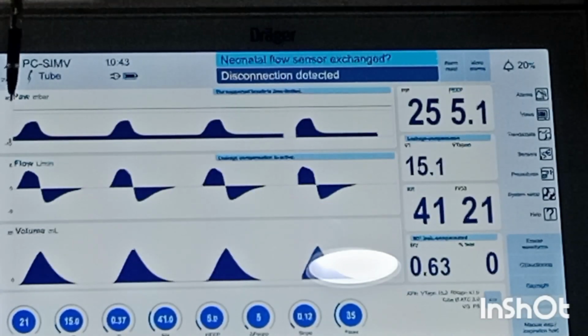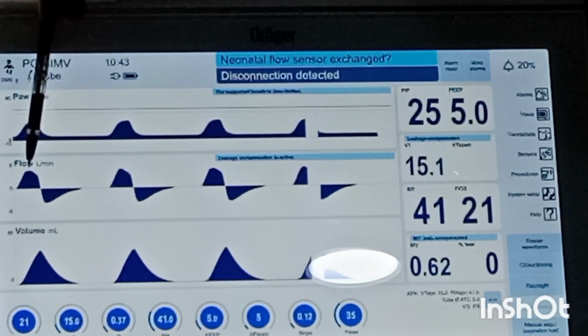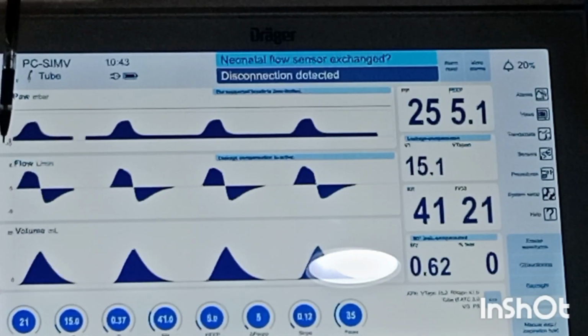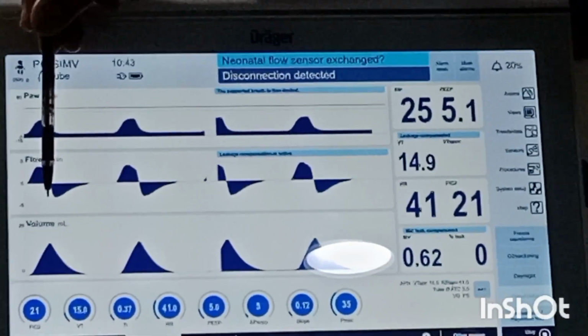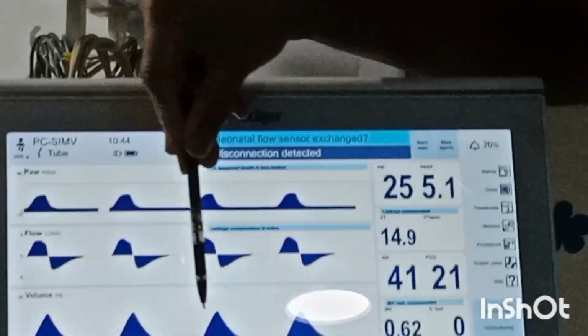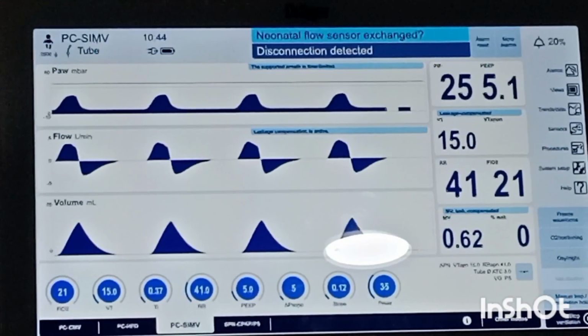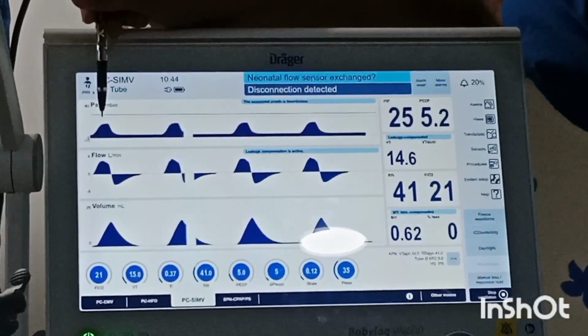So pressure would be on the y axis and time on the x axis; flow again on the y axis, with time on the x axis; and again volume on the y axis and time on the x axis. Are you clear?